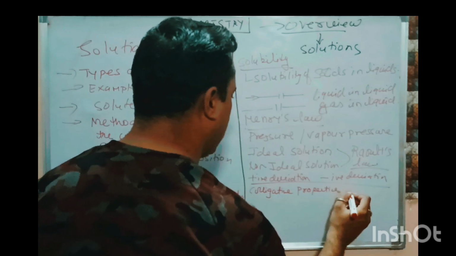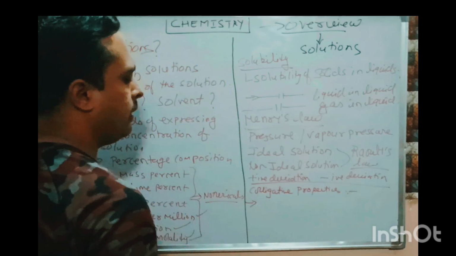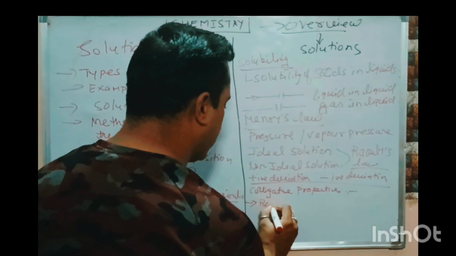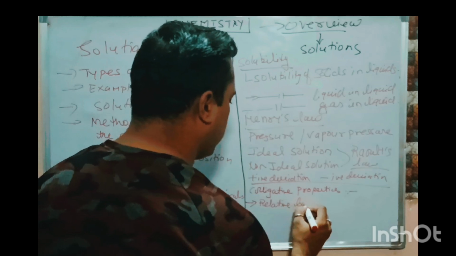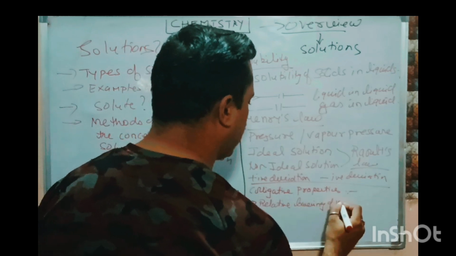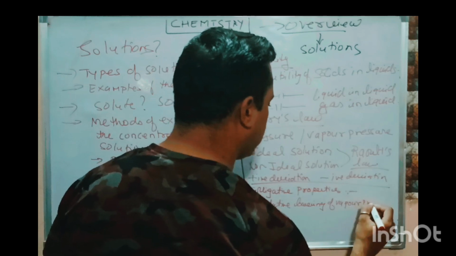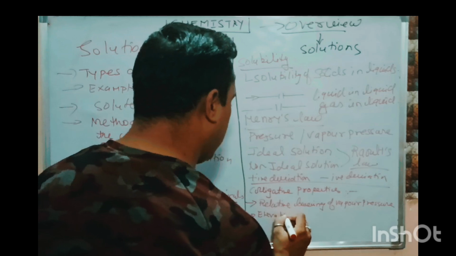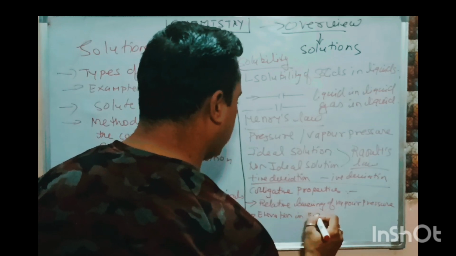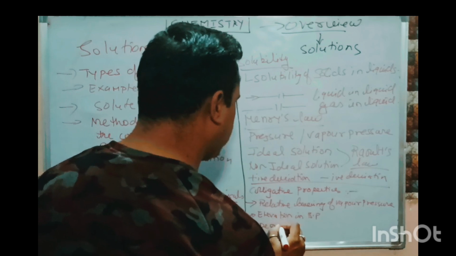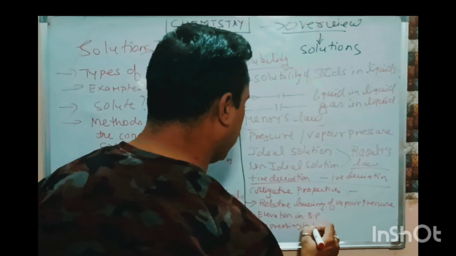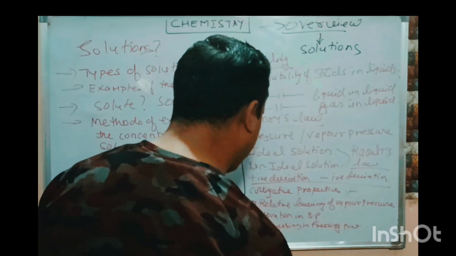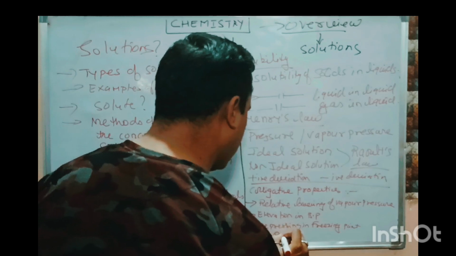In colligative properties, we have to study relative lowering of vapor pressure, then elevation in boiling point, depression in freezing point, then osmotic pressure.